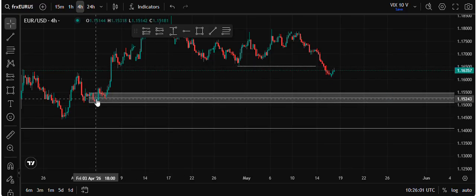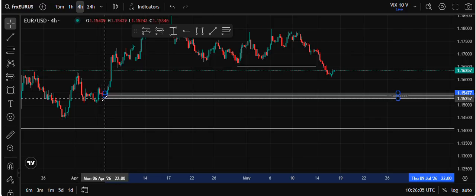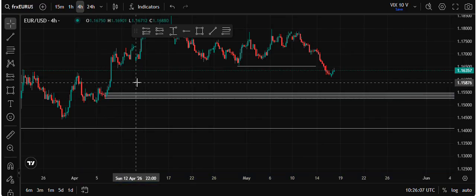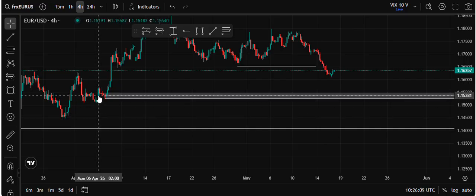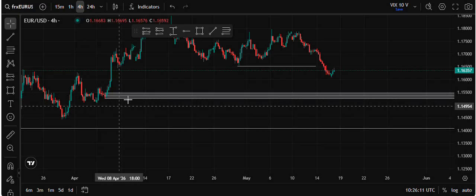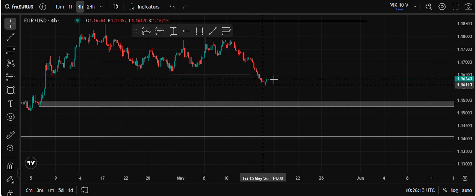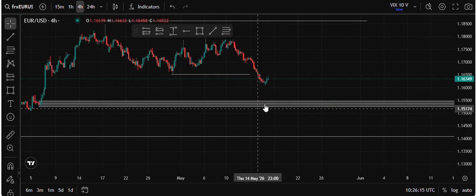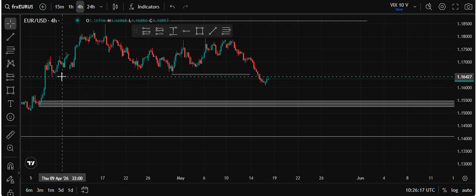So this is our main point on the 24 hours time frame, because this mitigated that. So this is what we're looking at for a sell now.